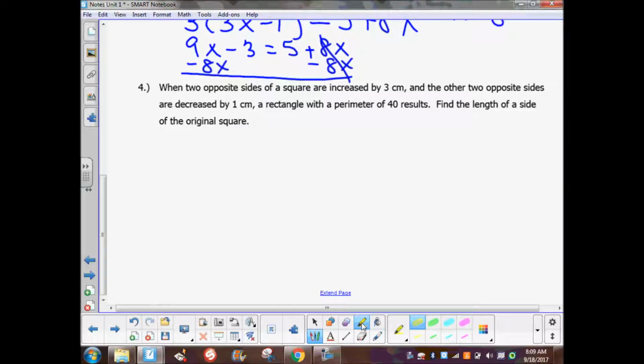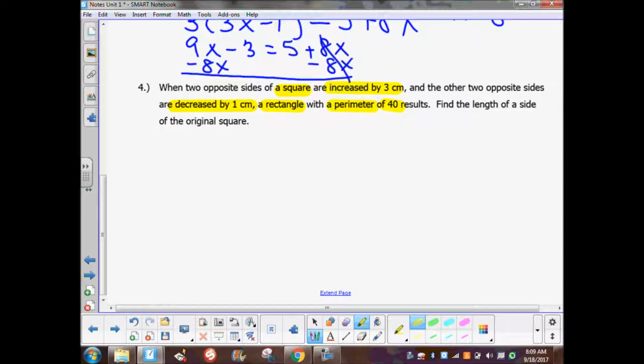It says when two opposite sides of a square are increased by 3 centimeters, and the other two opposite sides are decreased by 1 centimeter, a rectangle with a perimeter of 40 results.